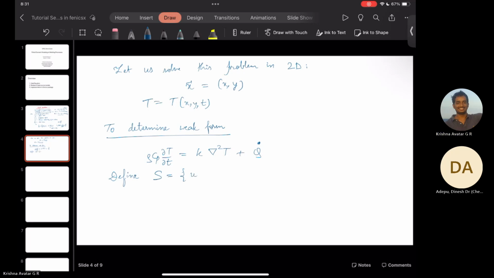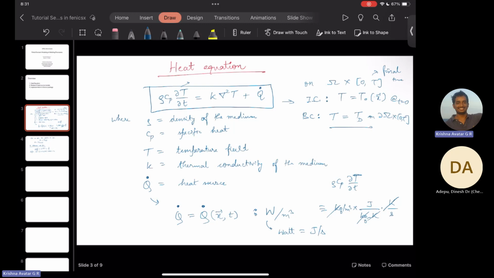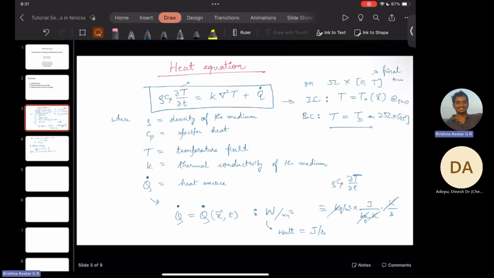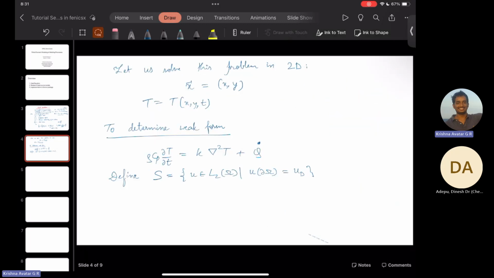Say U is an element of, as we discussed last time, L2 functions, such that U on the boundary omega is equal to U D, right? So all those functions which are of this form, with these boundary conditions U D on the boundary. This is what we are looking at ideally.